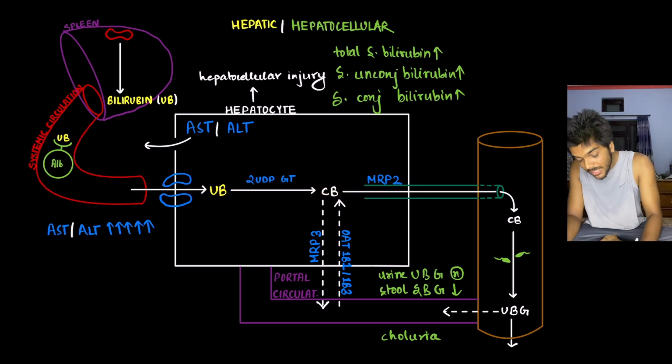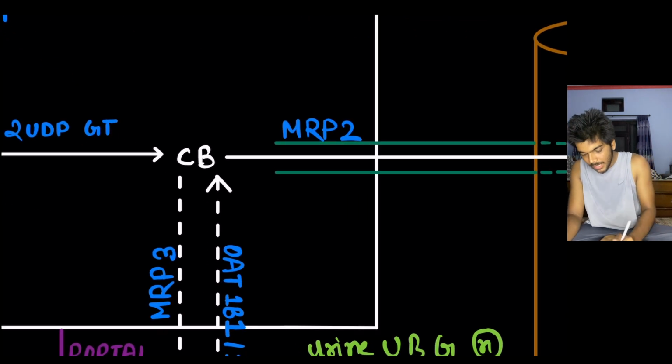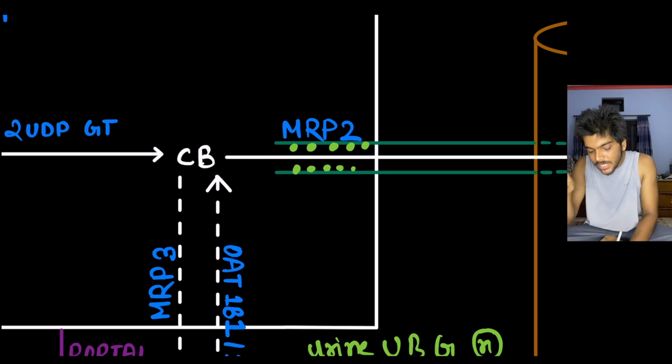Now within the bile canaliculi, on the wall of the bile canaliculi as well as within it, there are important enzymes. These enzymes are either present on the wall of the bile canaliculi or they are secreted by the hepatocyte itself.